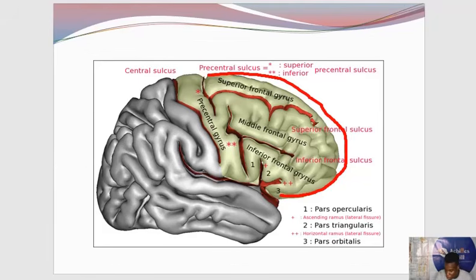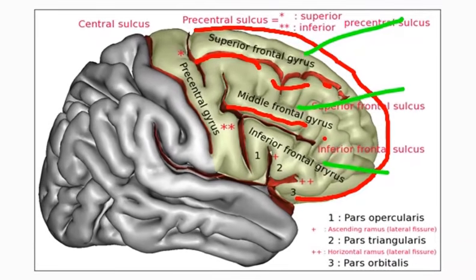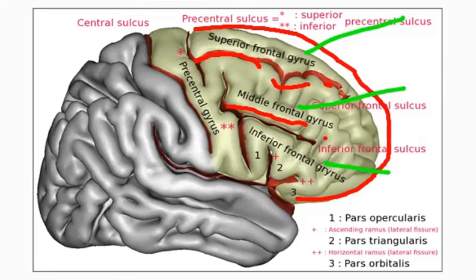We already established the superior frontal sulcus and then the inferior frontal sulcus, which is dividing the frontal part of the brain into superior, middle, and inferior frontal gyrus. But there is something really unique about the inferior frontal gyrus of the frontal lobe. It is such that the lateral fissure, otherwise called the lateral sulcus, divides it into three parts.